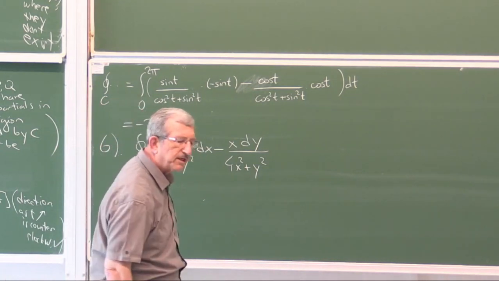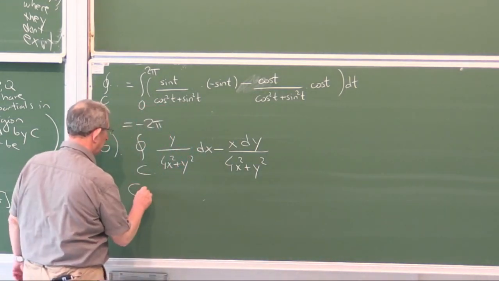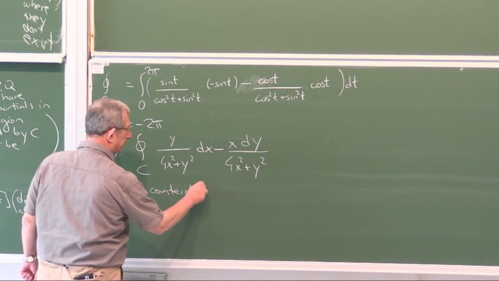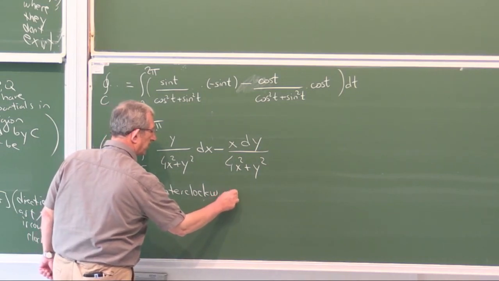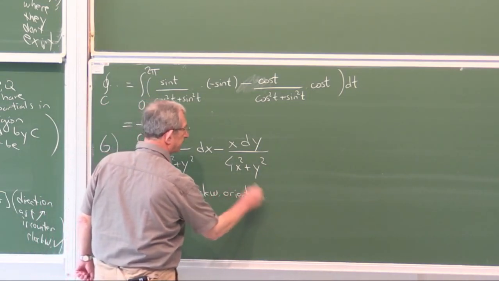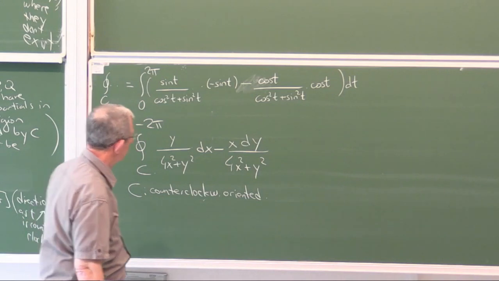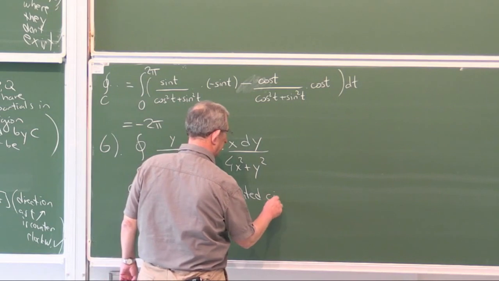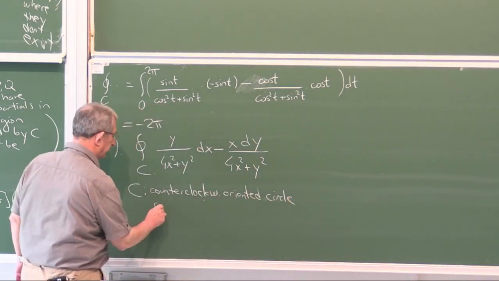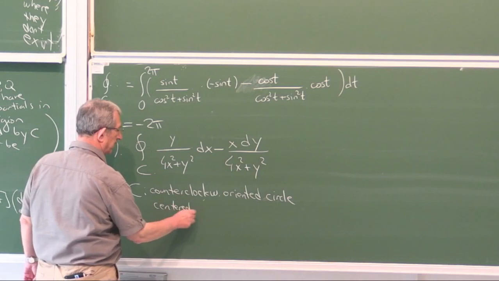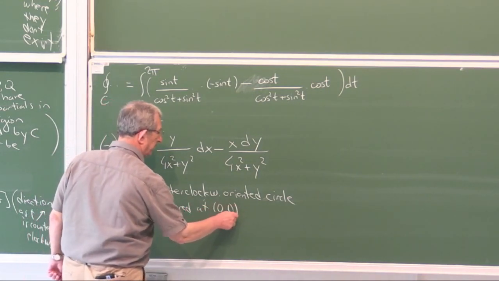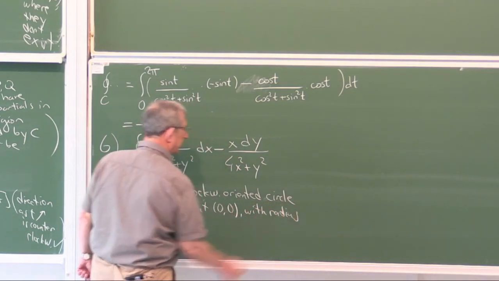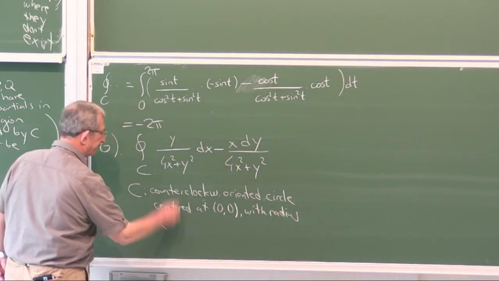And C is counterclockwise oriented circle, centered at 0, 0, with radius, say, 2.